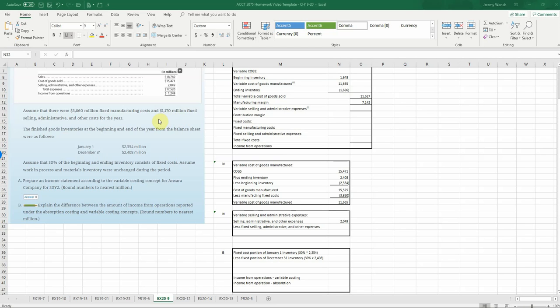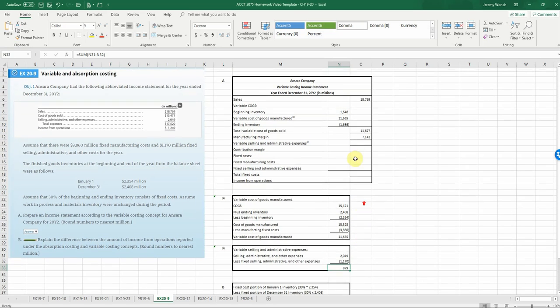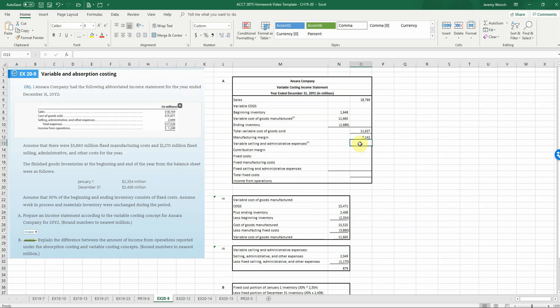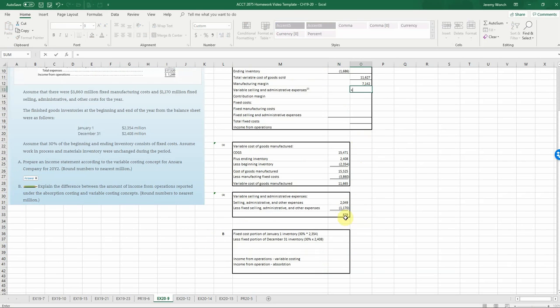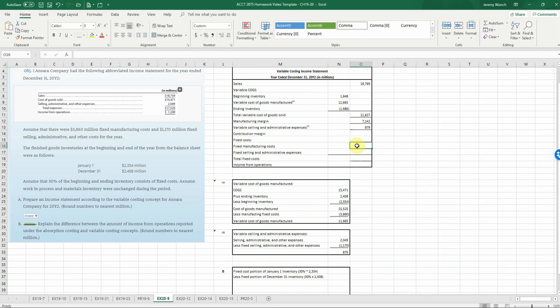And it tells us that the fixed portion was 1170. So our variable selling and admin cost is 879, which is going to give us a contribution margin of 6263. So now we just need to go in and subtract out our fixed cost.